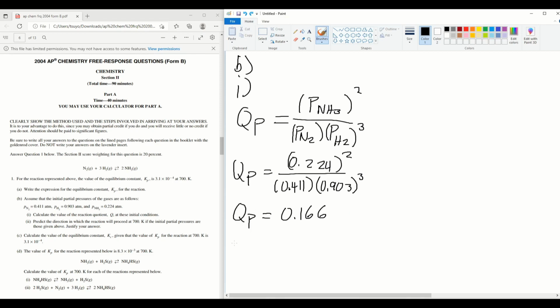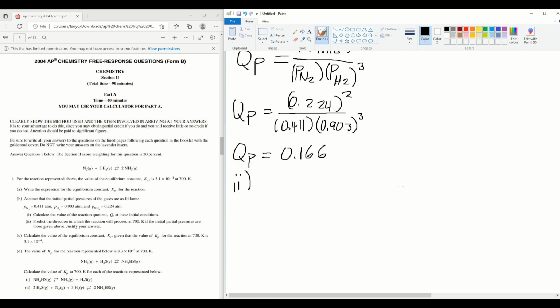We have to do the second part of question B, and that is asking us to predict the direction in which the reaction will proceed at 700 Kelvin, if the initial pressures are the ones that are given above. So we know that QP is equal to 0.166 at 700 Kelvin, and KP is equal to 3.1 times 10 to the negative fourth.